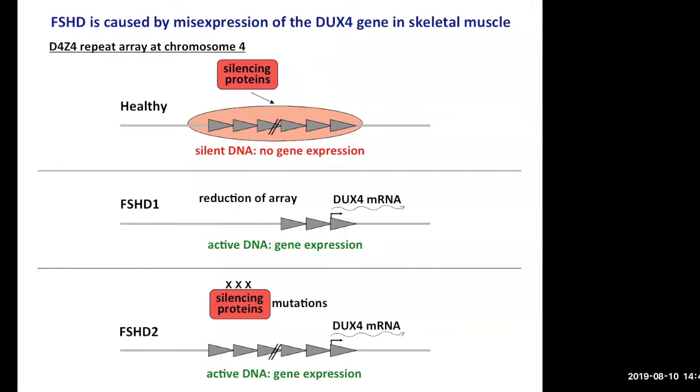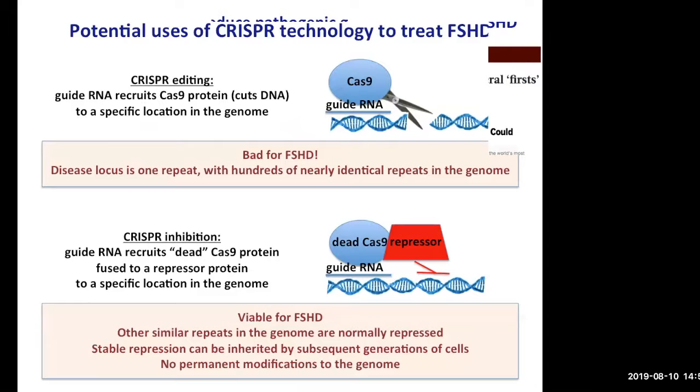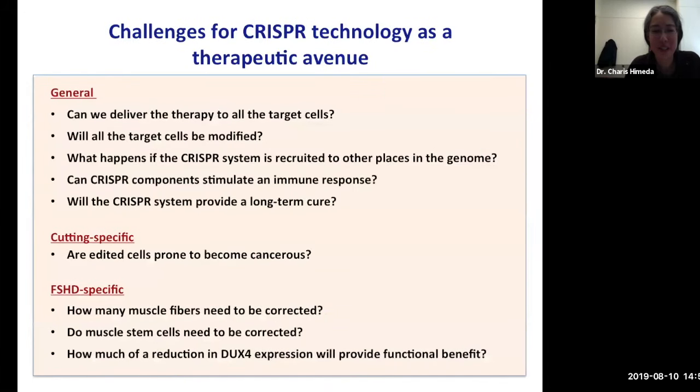Somewhat related is whether you use these engineered stem cells, or whether you introduce the therapy directly into patients and transfect the muscle cells. And presumably you have to also reach the muscle satellite cells, right? These are muscle stem cells. Yeah, that's one of the questions. We don't really know whether muscle stem cells need to be corrected.